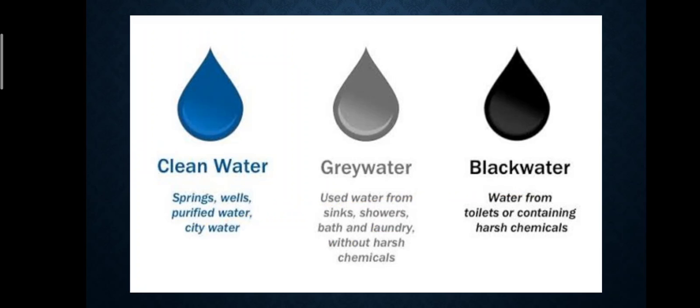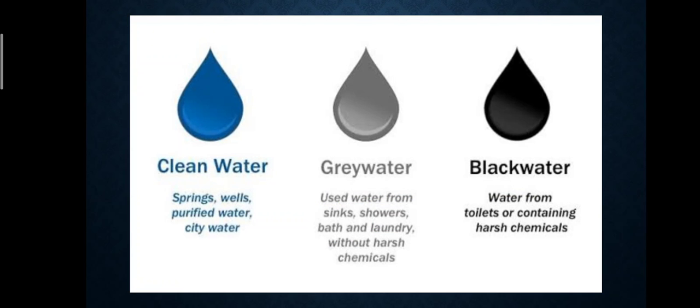Here you can see three kinds of water: clean water, grey water and black water. The clean water is denoted by blue color, the water present in springs, wells, or purified water, the water we use for drinking purposes.